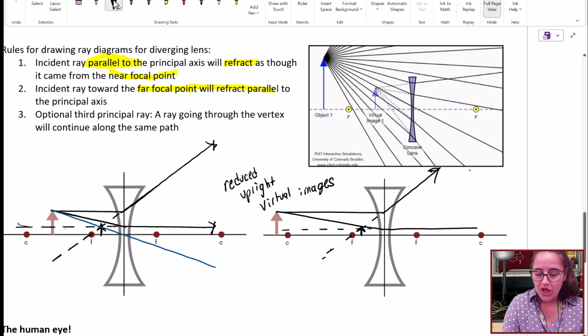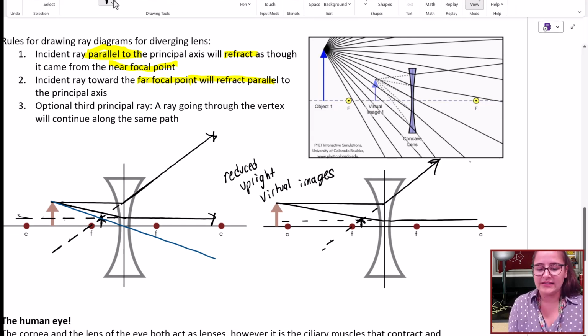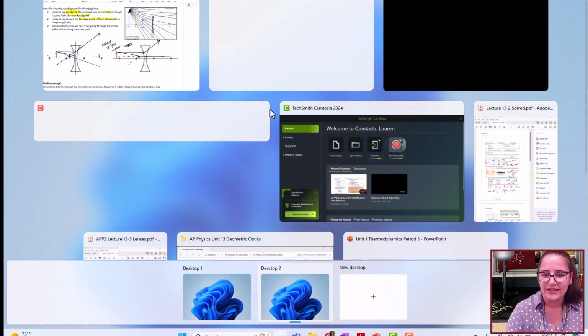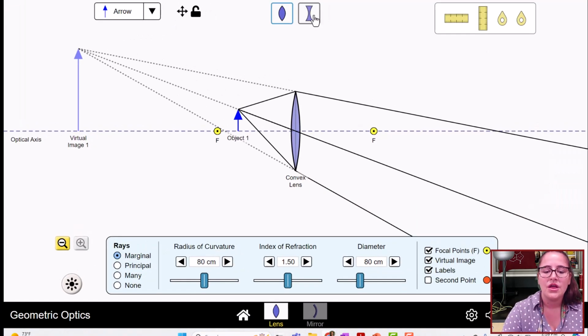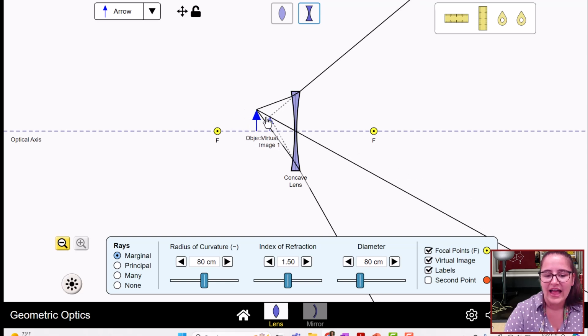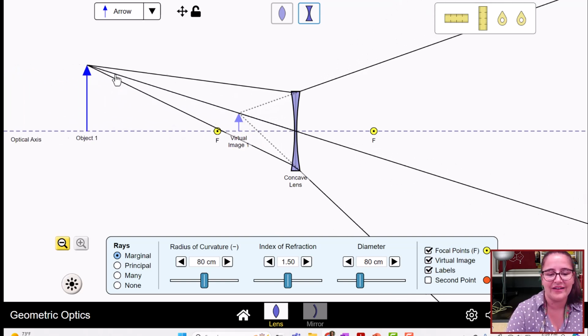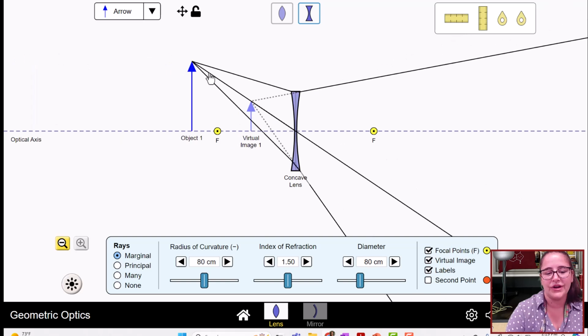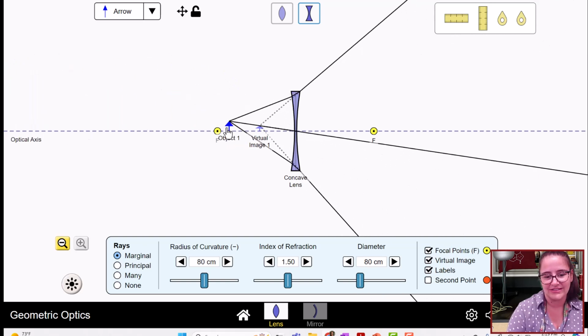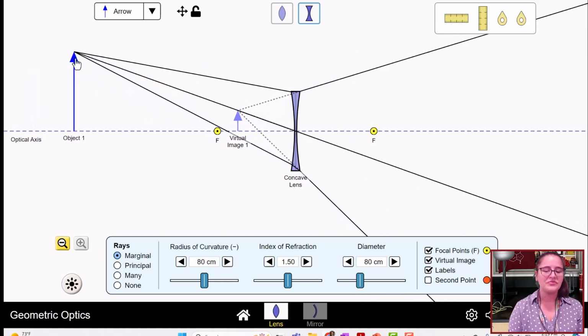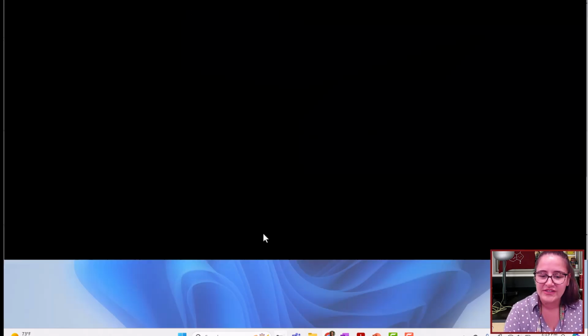And we can check that in the simulation. Always a good idea. Throw on the diverging lens, and no matter where we have our object, we are going to have the similar type of image.